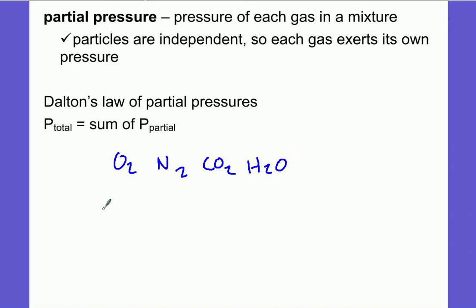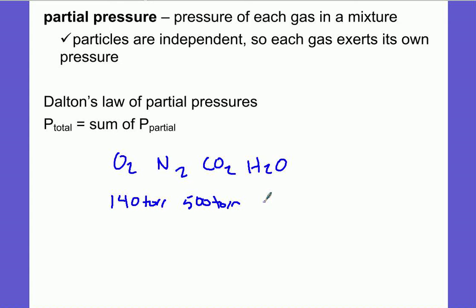If I told you that oxygen has a partial pressure of, say, I don't know, it doesn't really matter, I'm just making up some numbers here anyway, let's say 140 torr, and that nitrogen has a pressure of, let's say, 500 torr.